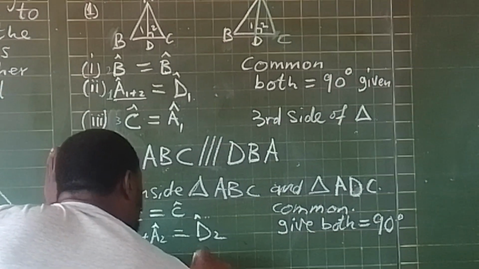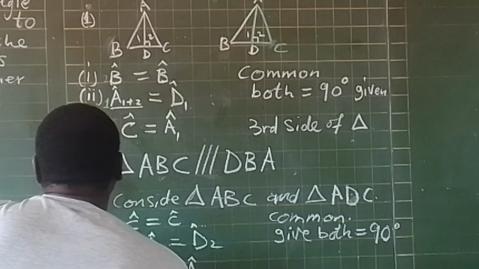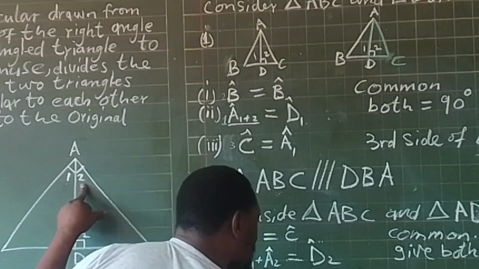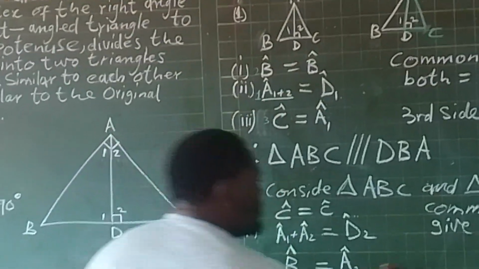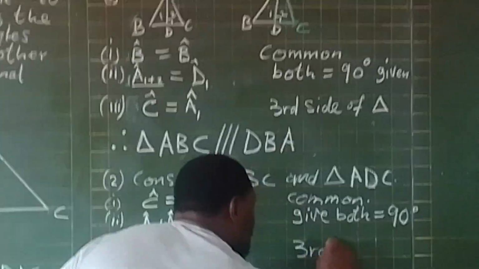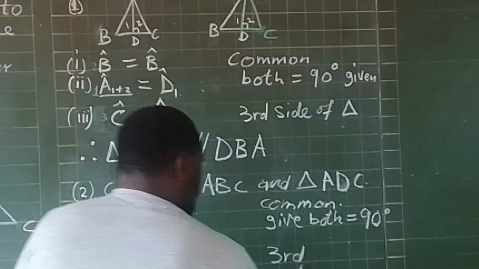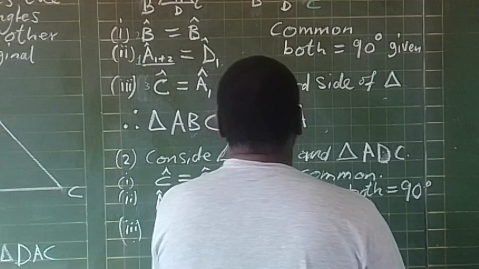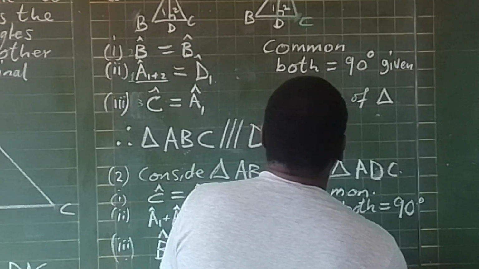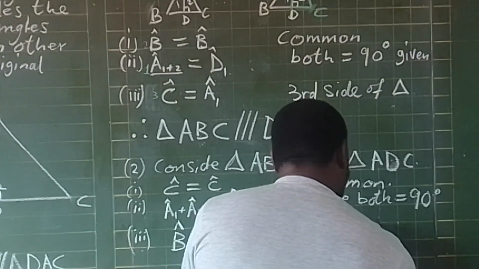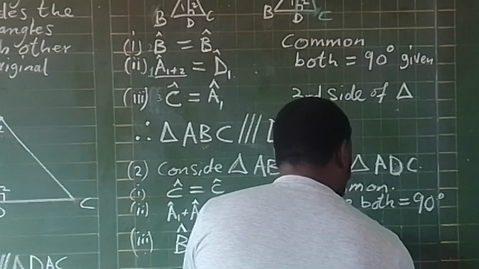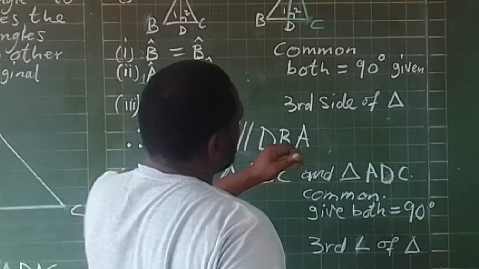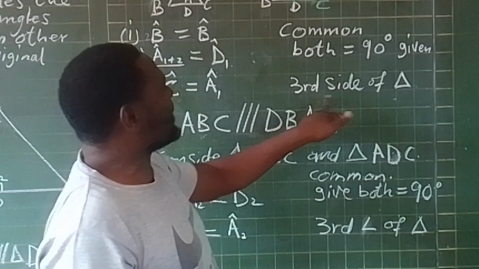And then element B is equal to element A2. Remember, it's 2 here. A2. The reason for that is third side. Third element of triangle. If you are dealing with sides, you say third side.